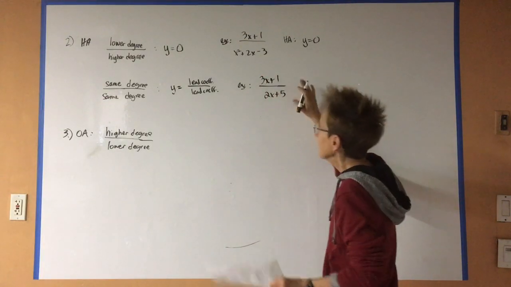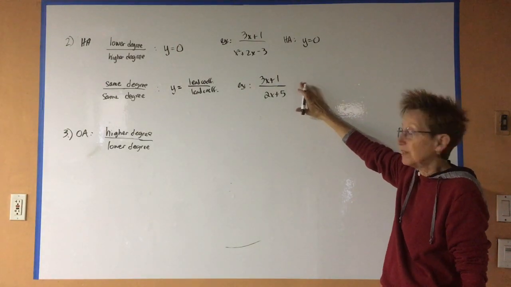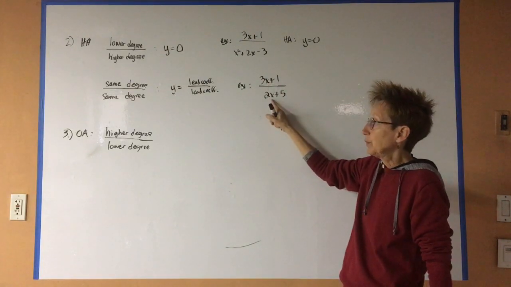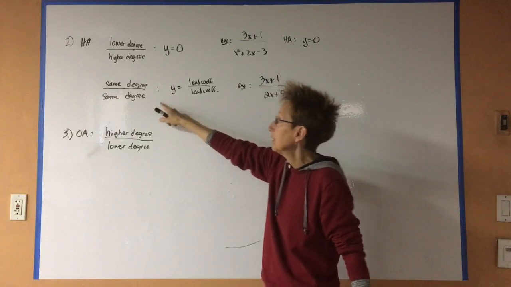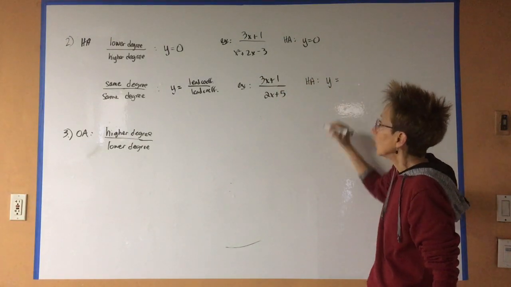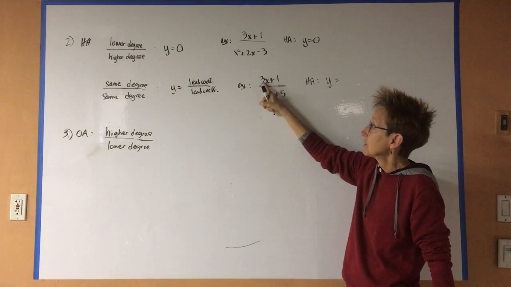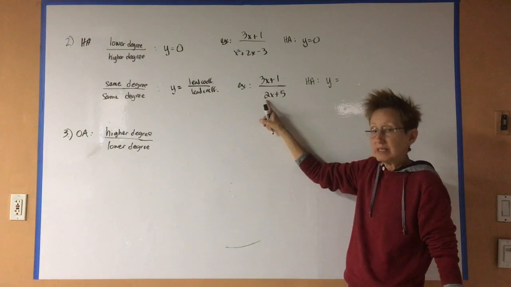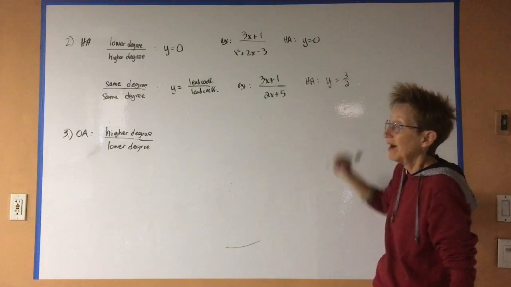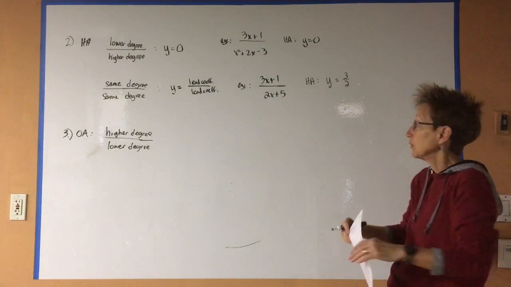So if this is my rational function, then what I notice here is degree 1 over degree 1, same degree over same degree, which means my HA is going to be y equals whatever the leading coefficient is here divided by the leading coefficient here, which would be 3 over 2. So y equals 3/2 would be my horizontal line. y equals 1 1/2. That would be my horizontal asymptote.